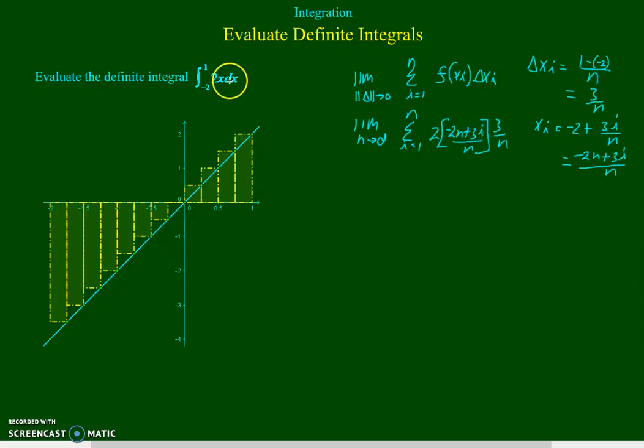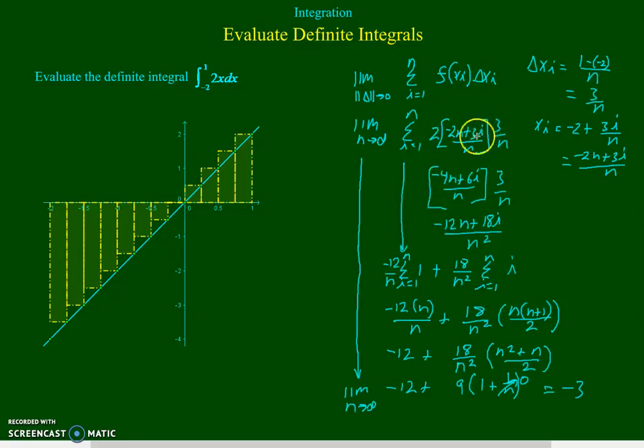So this was our f of x. 2 times this x sub i went in for the x, and we multiplied by our delta x sub i, which is that. I'm going to do a quick sleight of hand to get to the bottom of this. We multiplied through by the 2, multiplied by the 3 over n, and separated these two terms out as two separate sums.